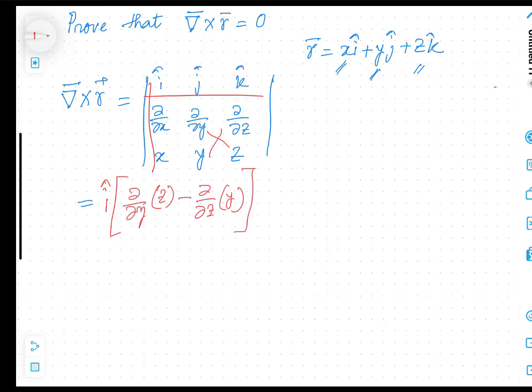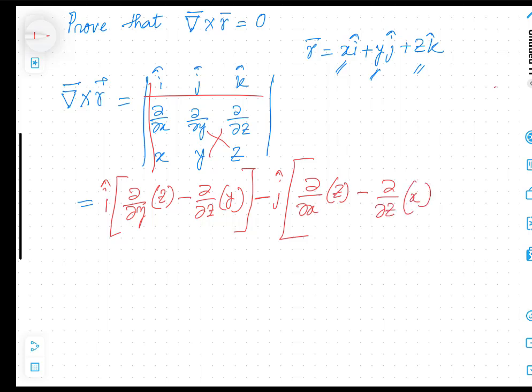Again, for the second column, first row and the second column, that is minus j. Remember, I have to include minus j. And I have del x of z minus del z of x, because the second column will be switched off.